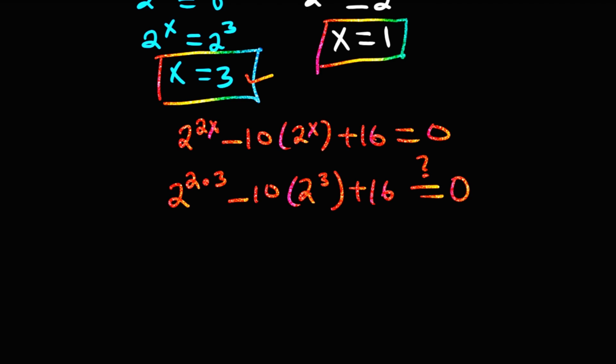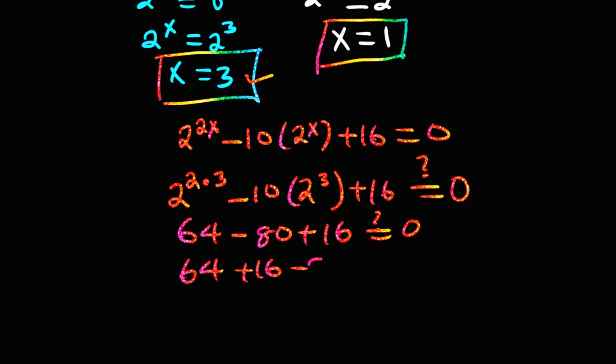So 2 power 2 times 3, that is 2 power 6, which is just 64, minus 10 times 2 power 3, 2 power 3 is 8, so that is 10 times 8, which is just 80, plus 16, and we're going to see if that really equals 0. So we can write these as 64 plus 16 minus 80 and check if that equals 0.